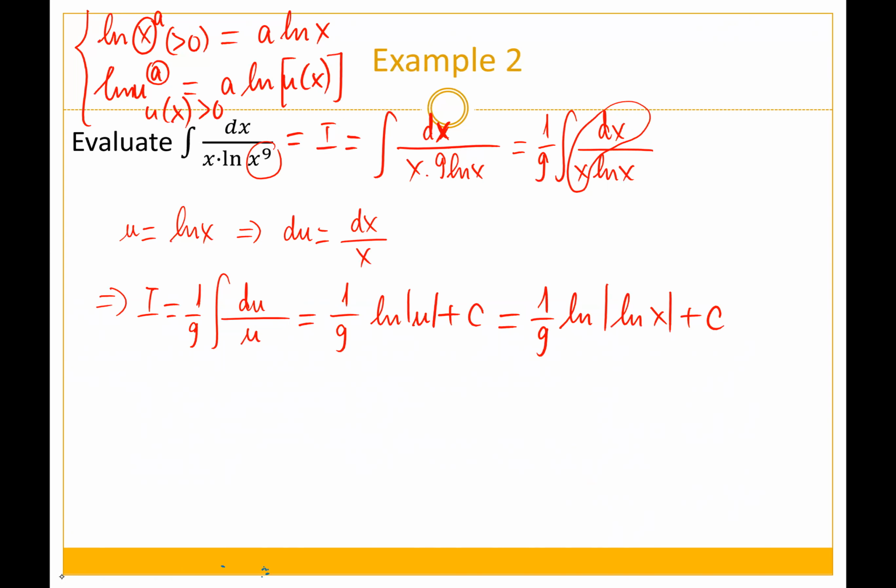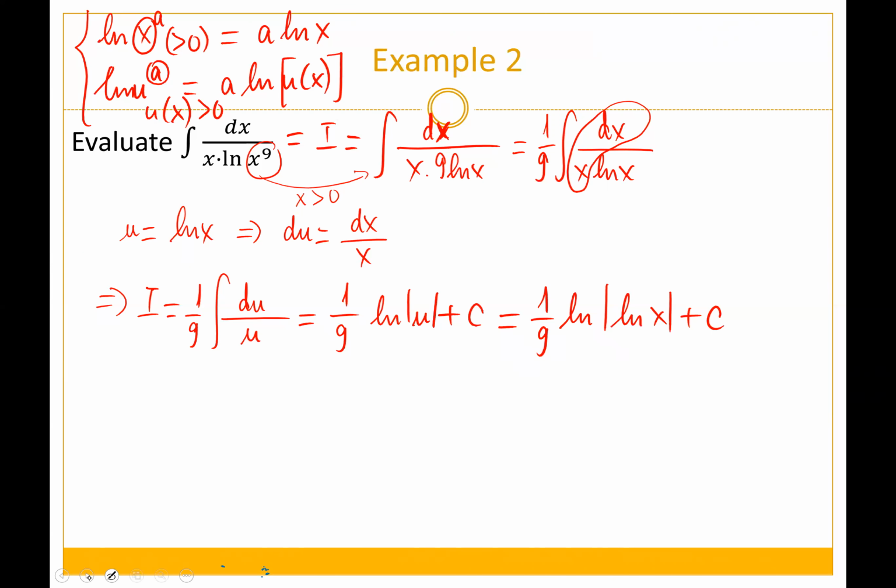When I went from here to here, I subtly assumed that x is bigger than 0. But I cannot assume that for ln of x because I don't know the boundaries here. So this is example 2.